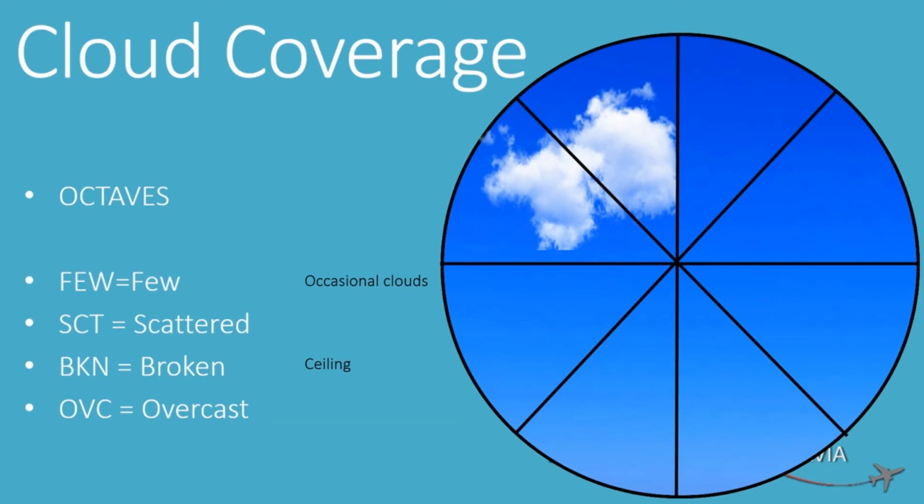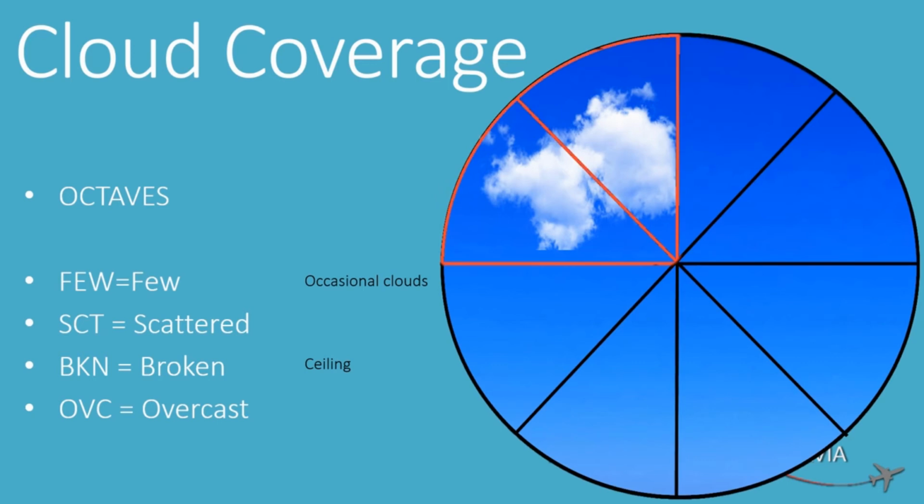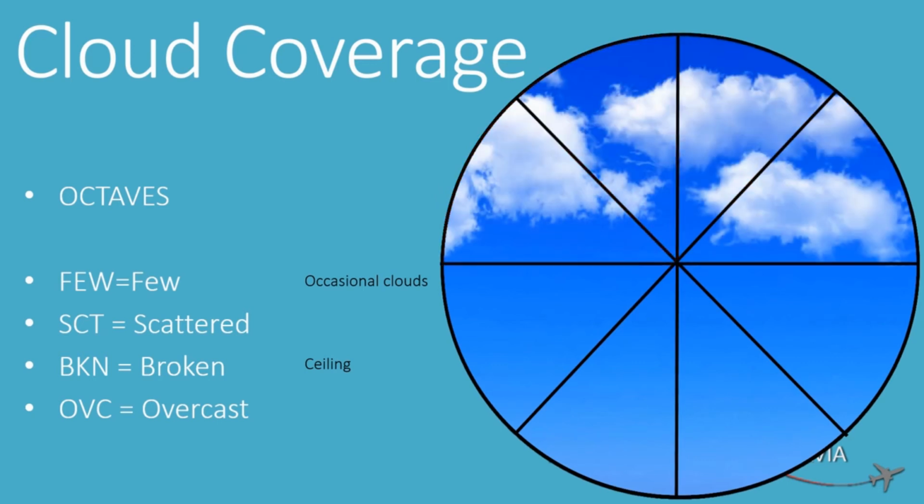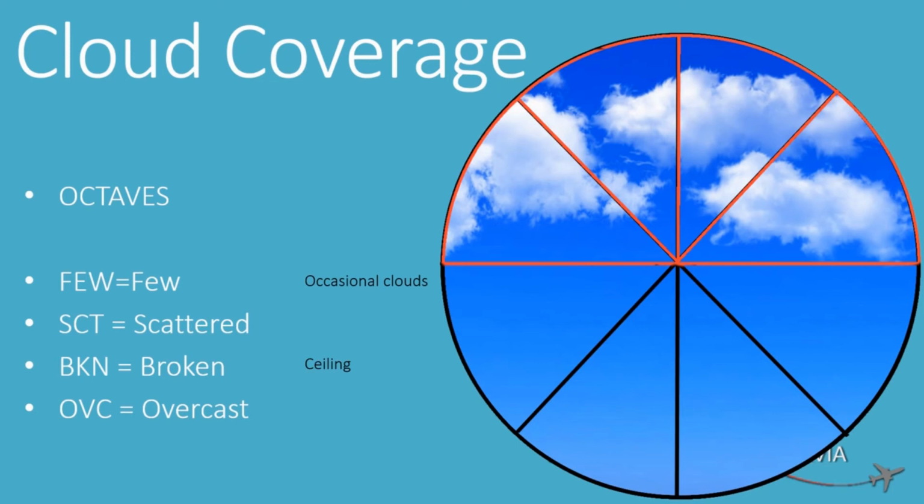As you can see here, that's a nice summer day with nothing much happening. Next, it's scattered clouds, if you have between 3 and 4 octas of the sky covered. Of these 2 types, this is called occasional clouds, which means that they can be circumnavigated and you can use a visual approach even though the clouds are there.